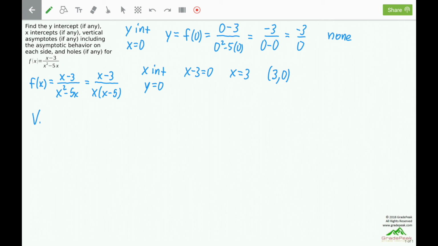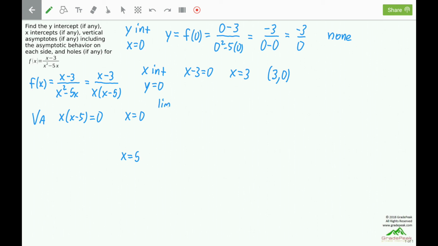The vertical asymptotes are found by taking the remaining denominator, setting it equal to 0, and solving for each of those x's. That will give x equals 0, and x equals 5. We want to look at the asymptotic behavior on each side of the 0 and the 5.